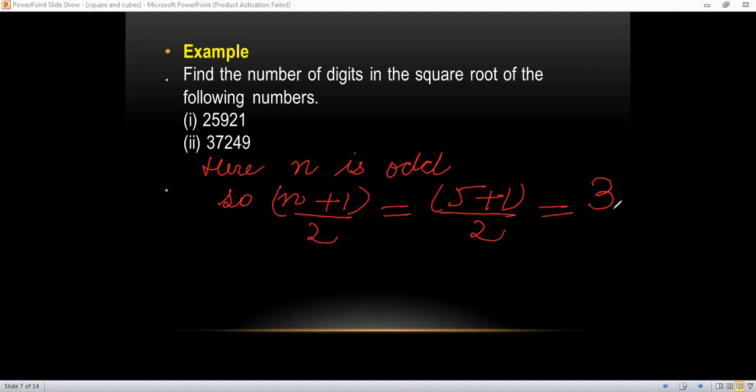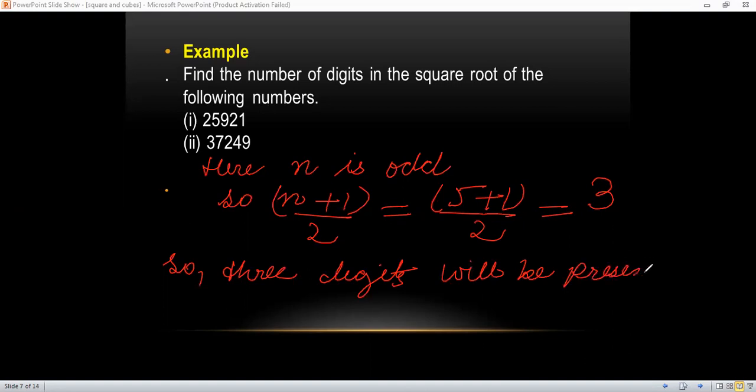So we get 3. That means 3 digits will be present in the square root. So by this you can estimate the number of digits in the square root.